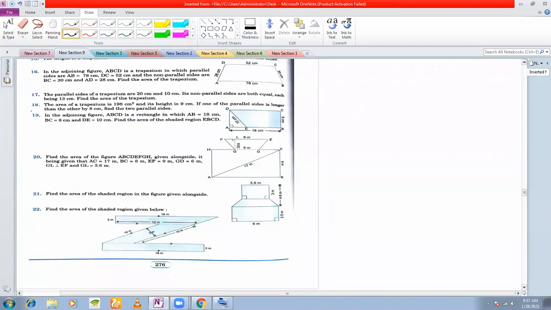We'll do number 19 here. Let's draw the figure for number 19.